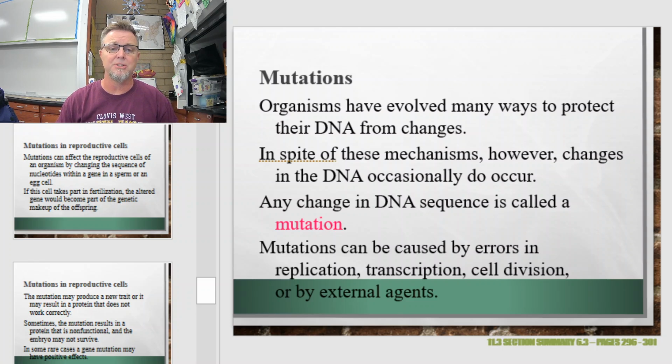After all, we want you to reach your full potential and to work at maximum efficiency. So in order to do that, we need to protect your DNA. At the bottom of this slide, you can see that mutations can be caused by errors in replication, transcription, cell division, or even external agents that we get exposed to. Let's explore this in a little bit more depth.